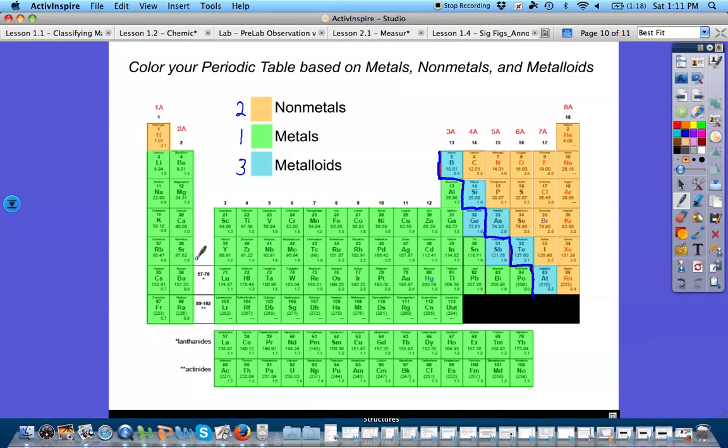And then you're going to want to circle in red the two elements that are liquid at room temperature. Well, we said that bromine is liquid at room temperature, as well as mercury. And you can see on your periodic table it's a little bit lighter shade of gray.